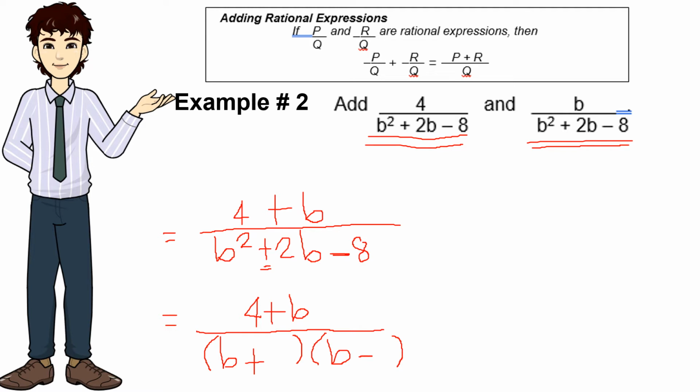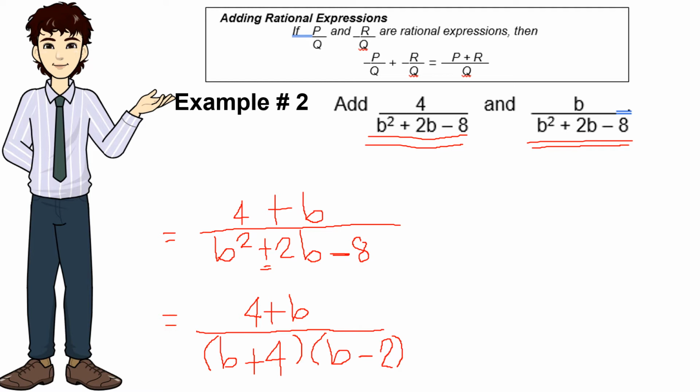So, gagamitin natin ang factors na 4 times 2 para maging 8. Yung 4, ilalagay natin sa positive sign since mas malaki ang 4 kaysa sa 2. So, dito naman yung 2. So, this serves as the factors of our b squared plus 2b minus 8.